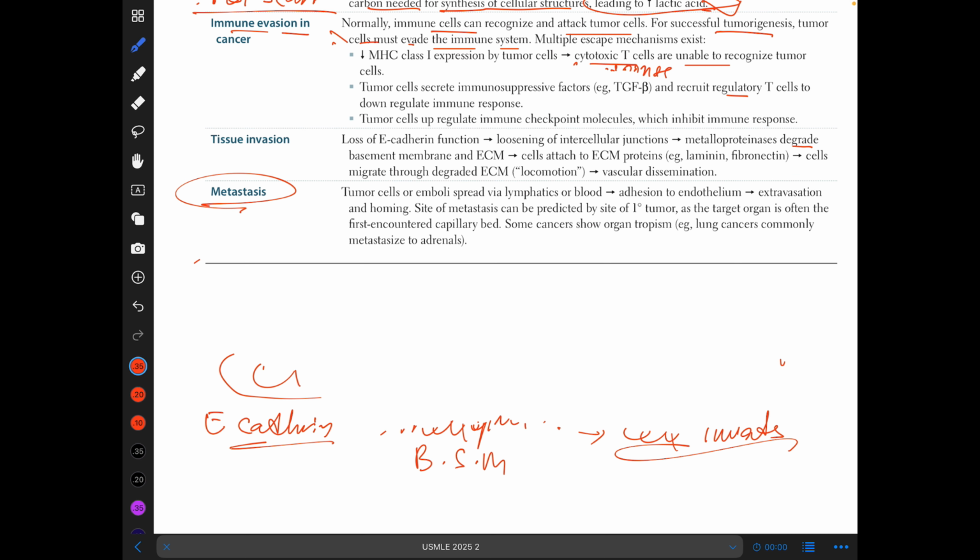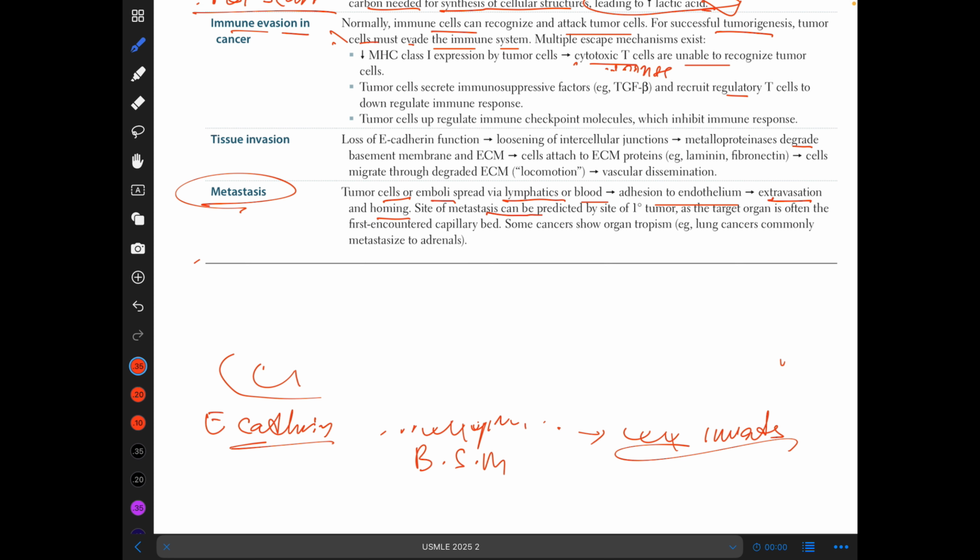What is happening in metastasis? In metastasis, the cell is going to spread to other organs, and tumor cells will spread via the lymphatic system or blood.